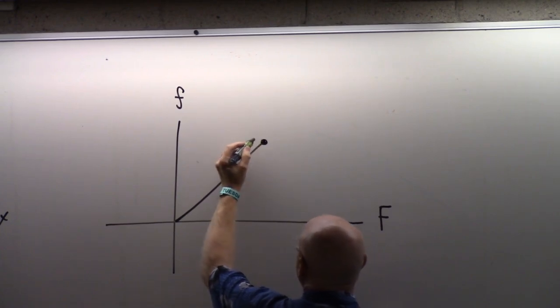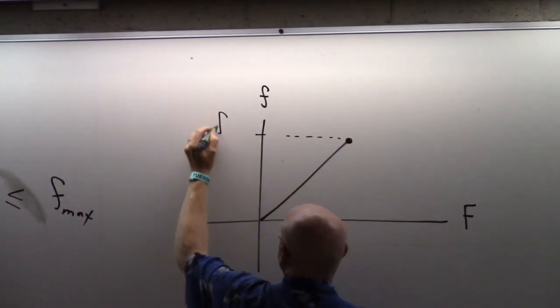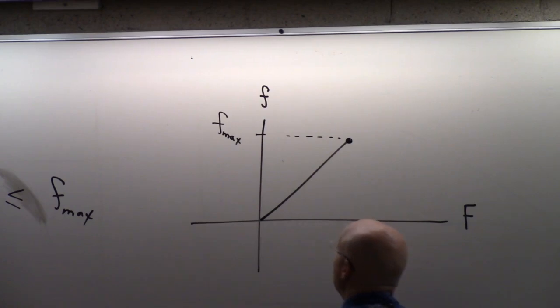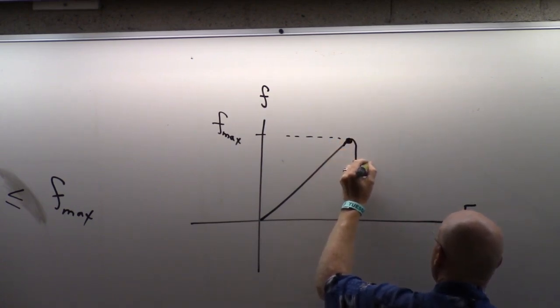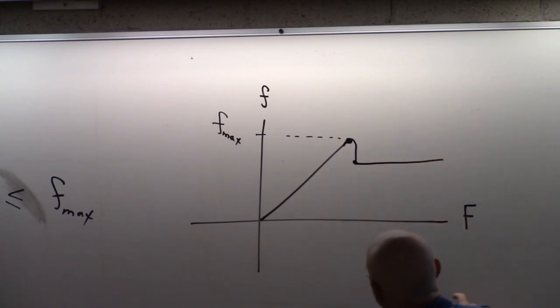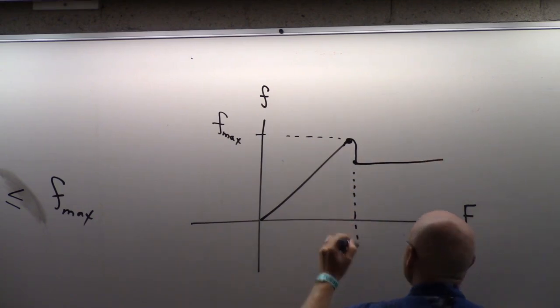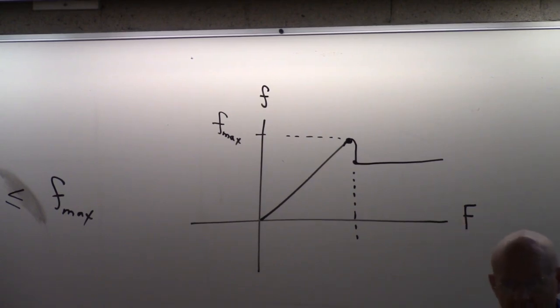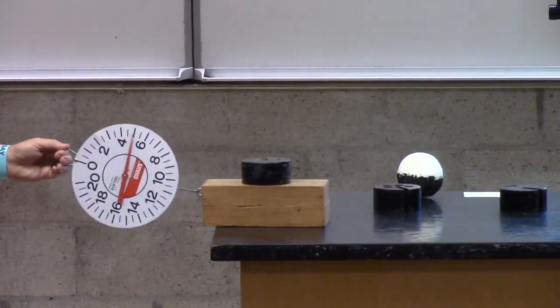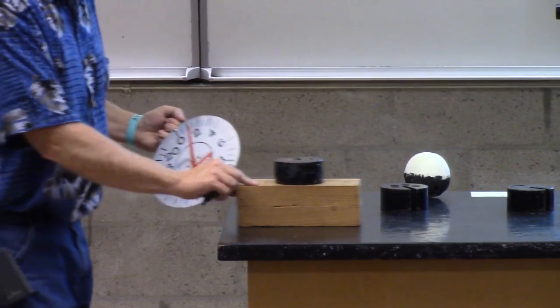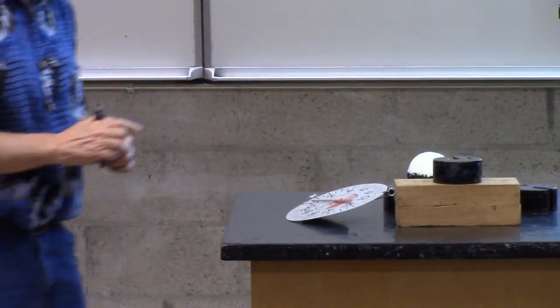But at some point, I get to a maximum, and then it looks like it drops down, and this part is kind of hard to indicate, but it'll stay the same no matter how hard I pull it. And so if I got it moving and was pulling it really fast, it stays about the same, or if I pull it slow.